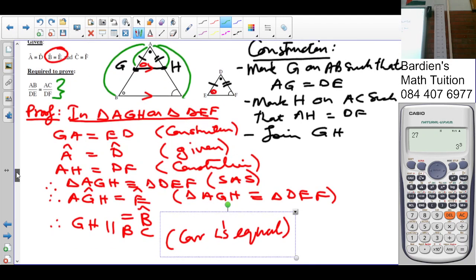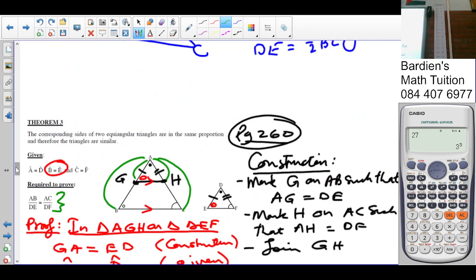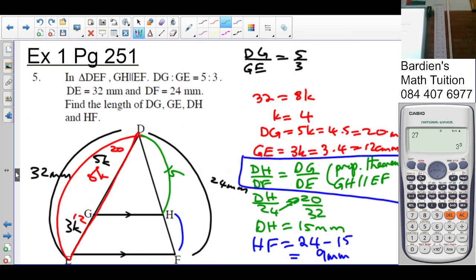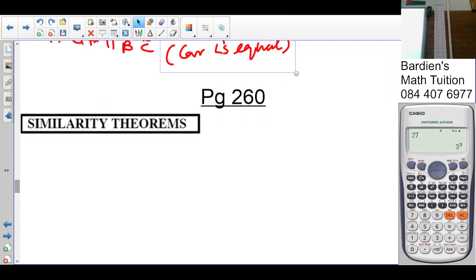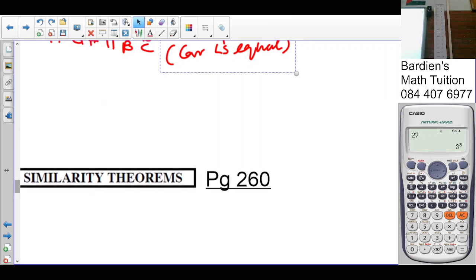It's going to be AB over AG equals AC over AH.